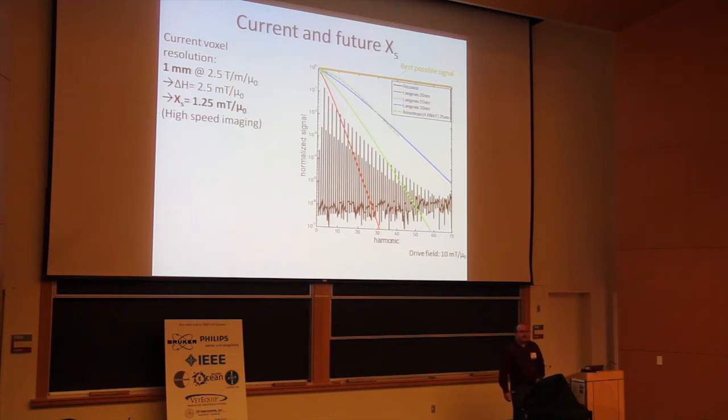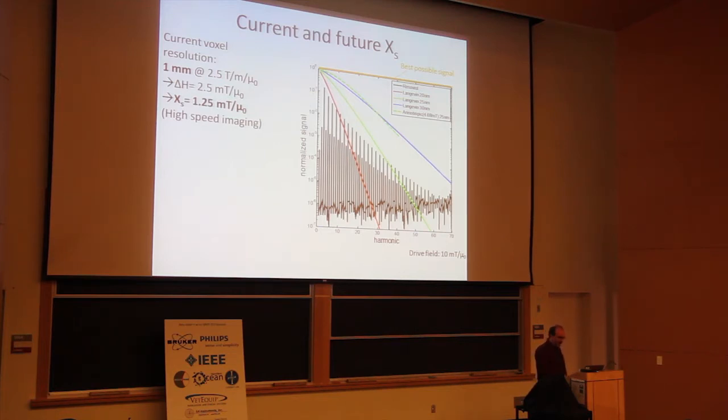So the best thing we can do to estimate the XS we need is to look at our images and see what resolution we can get, and we see, okay, at 2.5 Tesla per meter, a reasonable size of a voxel is 1 millimeter. Below, you don't gain anything anymore with Resovist.